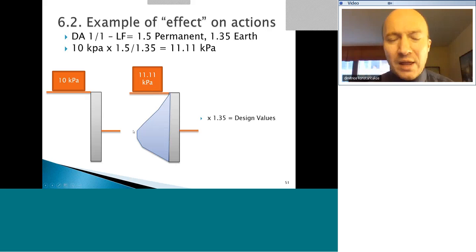And we're going to run the analysis without factoring our active or passive earth pressure coefficients. And at the very end, whatever moment we get here, we're going to multiply times 1.35 to get our design value.